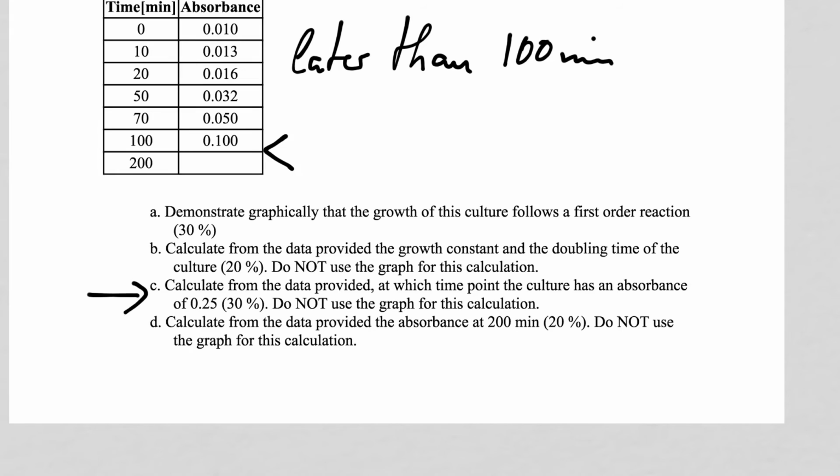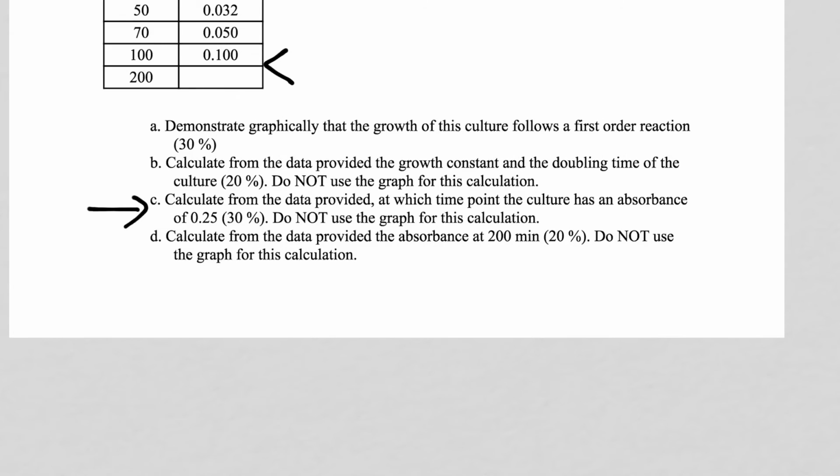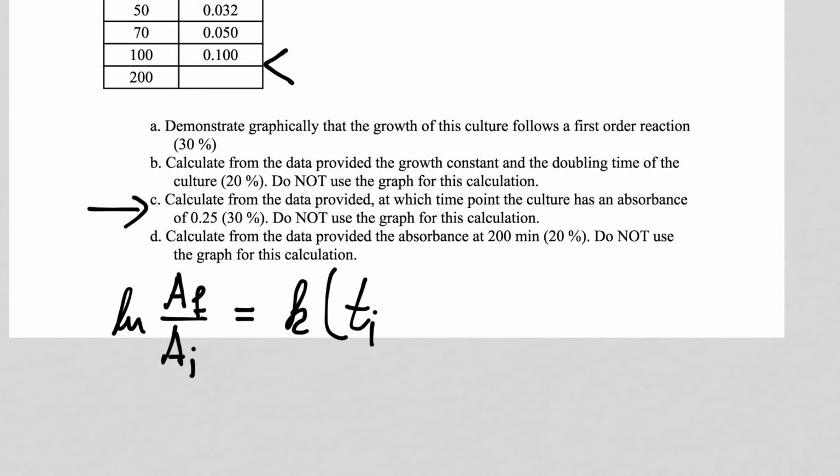It's not just you who is tired. Okay, so how can we deal with that? How can we calculate that? Well, actually, we do exactly the same thing that we've done before. We just simply say, okay, ln A final over A initial equals K times T final minus T initial.